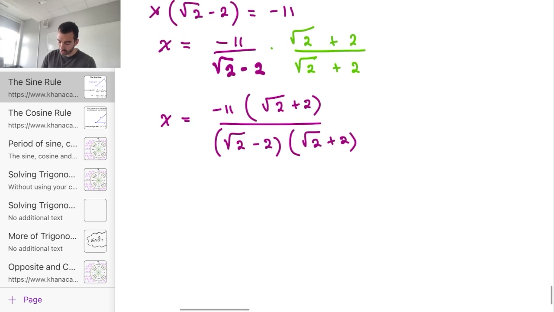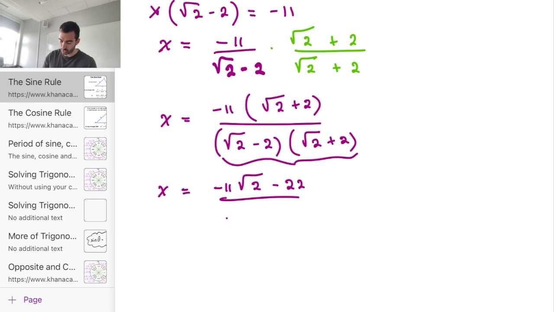which reminds me of the difference of two squares. So I have x is equal to negative 11 root 2, negative 22, divided by root 2 squared minus 2 squared. Difference of two squares.